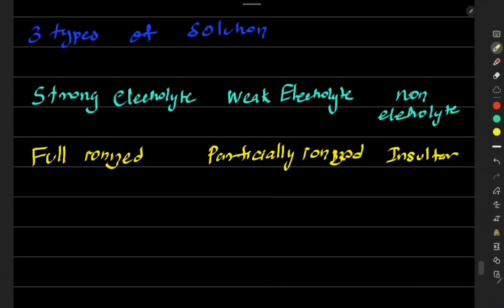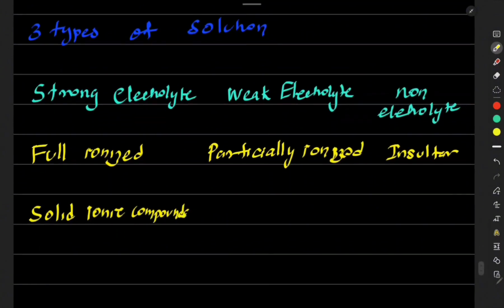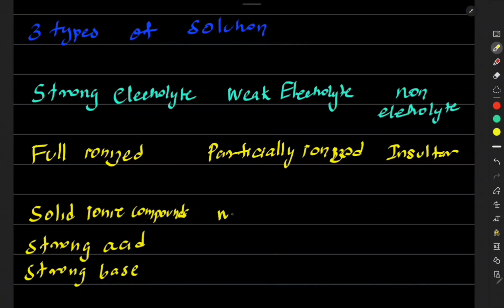Examples of strong electrolytes are solid ionic compounds, strong acids, and strong bases. Weak electrolytes can be taken as weak acids and weak bases.